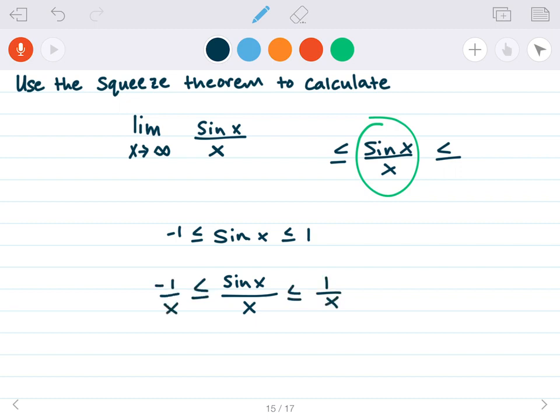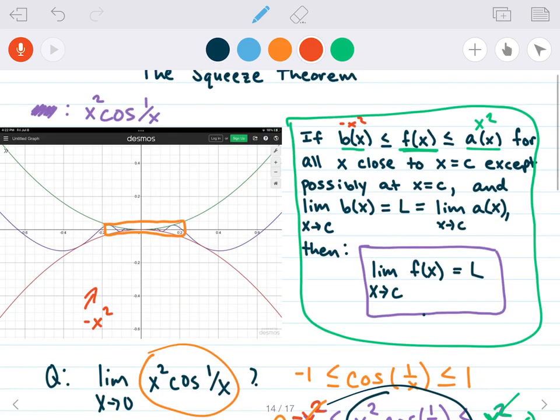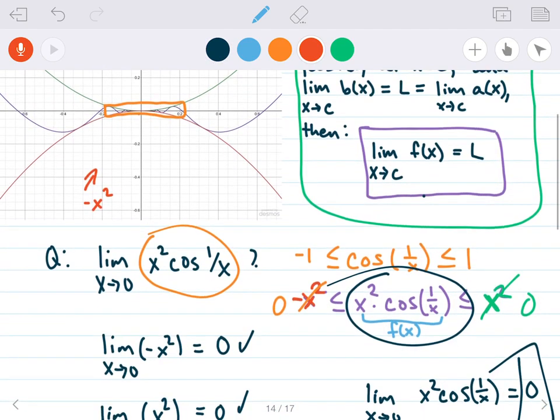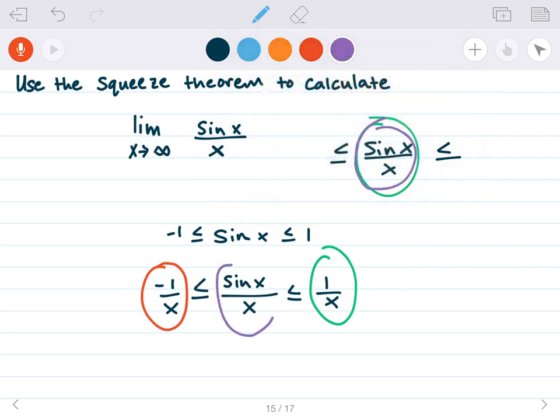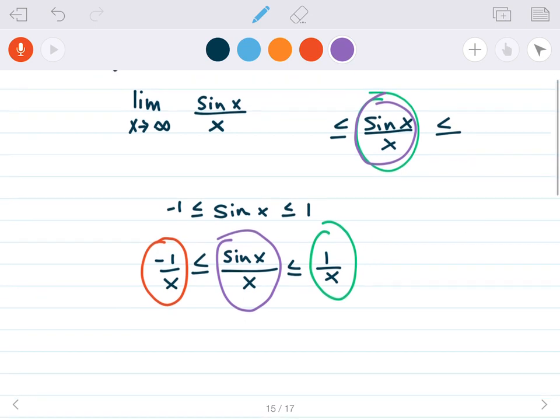Okay, and so now, let's see, what did I do? I did the left red and the right green. So this is my leftmost function, this is my rightmost function, and this middle is my purple function. And so I know what happens with the limit as x goes to infinity of negative 1 over x.